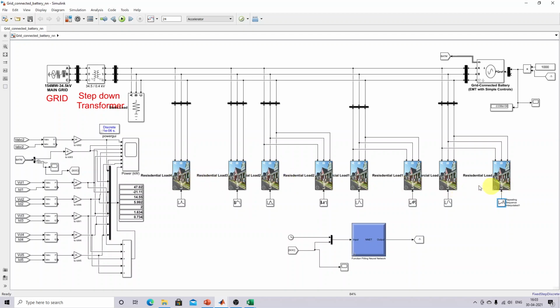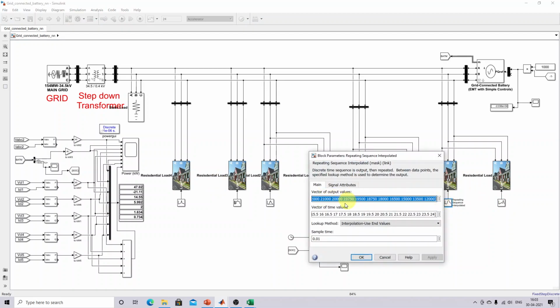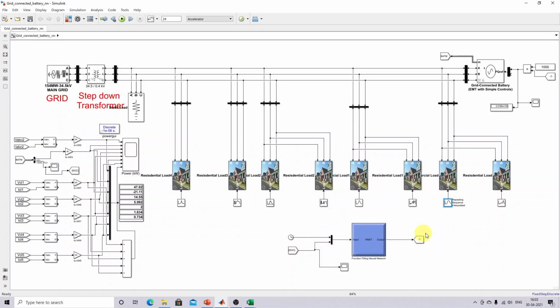In each residential load and commercial load, we have created a load profile based upon that Excel sheet data. So this load is going to be shared by means of the grid as well as the grid connected battery.